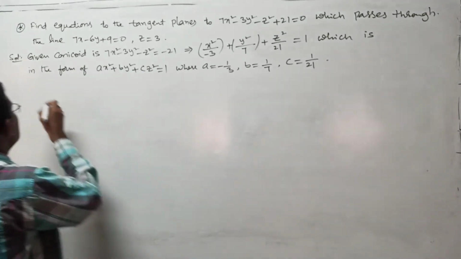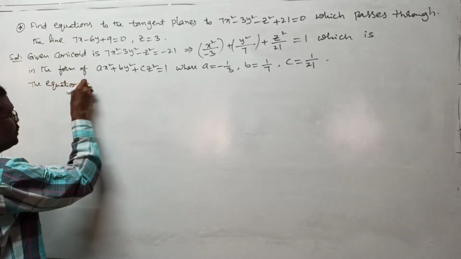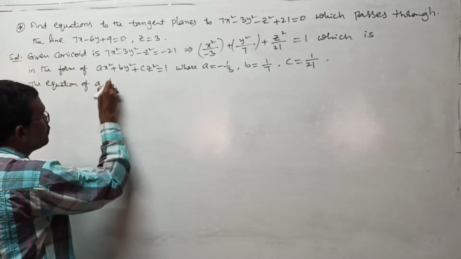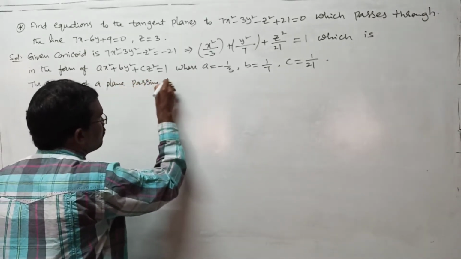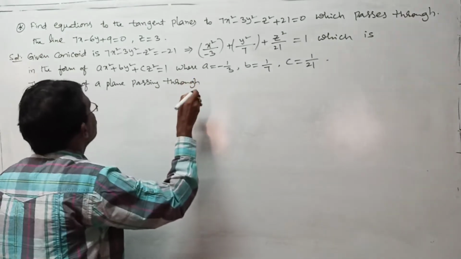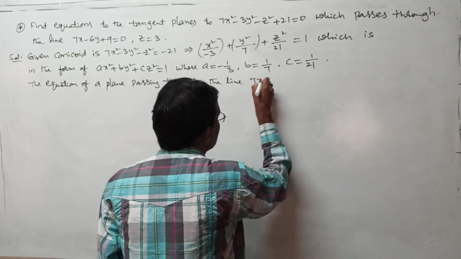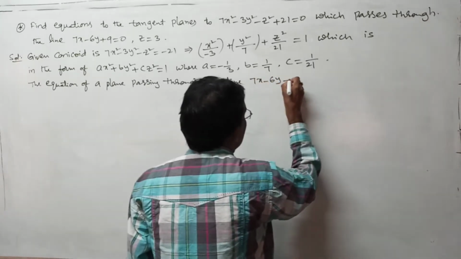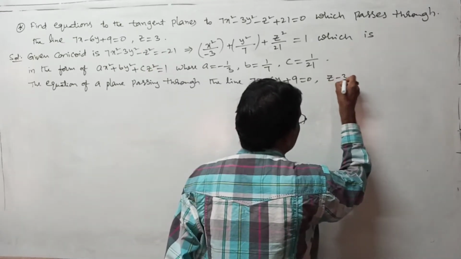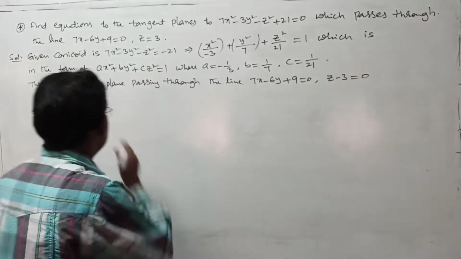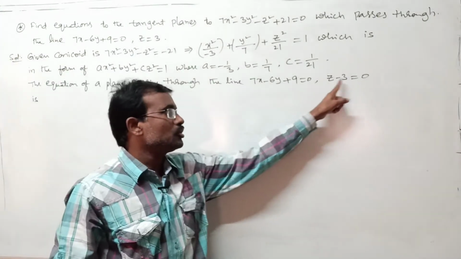The equation of a plane passing through the line 7x − 6y + 9 = 0, z = 3. For my convenience I am writing z − 3 = 0. This is P = 0, Q = 0.